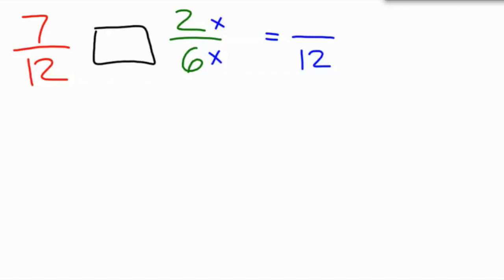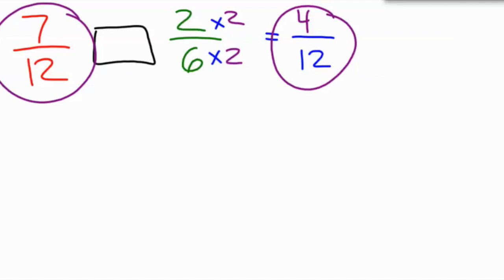Because I know that 6 times 2 is 12, and if I multiply my denominator by 2, I have to do that to the numerator. 2 times 2 is 4. So now I've created an equivalent fraction. 4/12 is the exact same thing as 2/6. But the beautiful thing about it is that I've changed 2/6 to become a fraction with a denominator of 12. And now it's easy to compare this numerator of 7 to this numerator of 4. They both share the denominator of 12, so I can easily tell you that 7/12 is greater than 4/12.